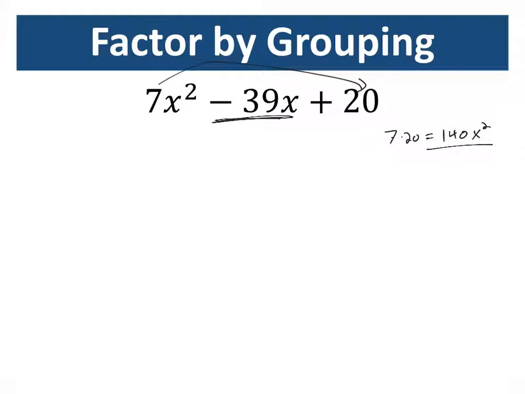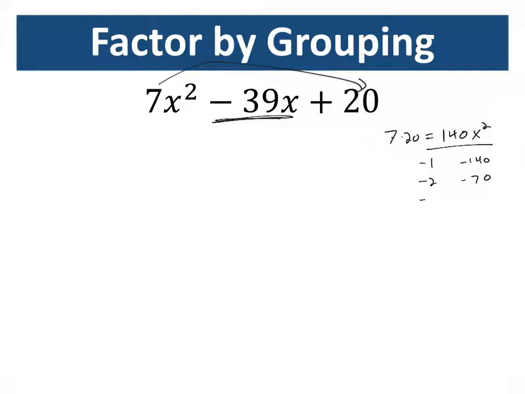I'm taking a lot of shortcuts here as well. I know that both of the numbers need to be negative, so negative 1 and negative 140, negative 2, negative 70, negative 3. Does negative 3 work? 140 does not divide by 3.